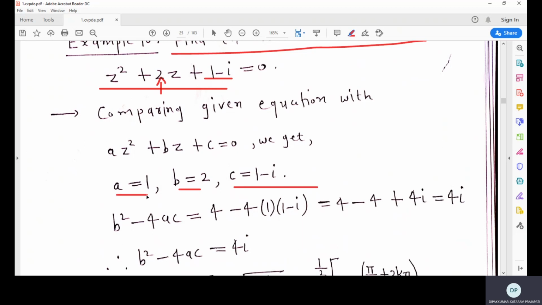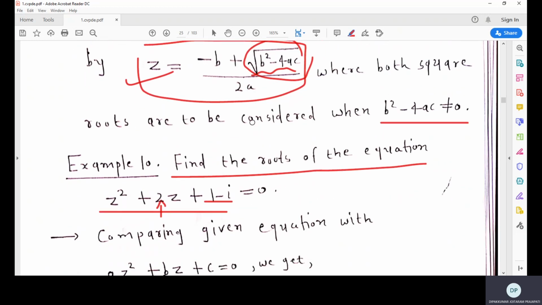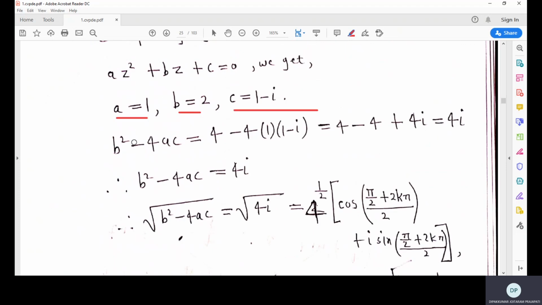Before finding out z, first we find out the square root of b square minus 4ac, because we are dealing with complex numbers. So b square is 4, minus 4 times a, which is 1, times c, which is 1 minus i. So this is 4 minus 4 plus 4i, which is 4i. So b square minus 4ac is 4i.